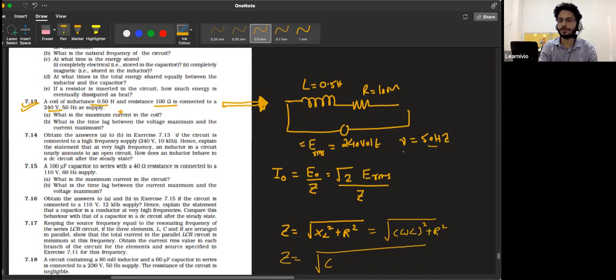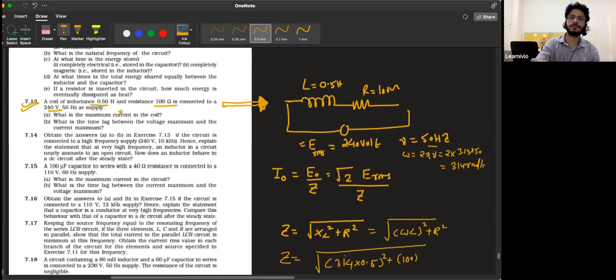If nu is 50, then omega is 2 pi nu. So it's 2 into 3.14 into 50, which comes out to be 314 radian per second. So omega is 314, L is 0.5, squared, plus R, which is 100 ohm, squared. So that is your Z.